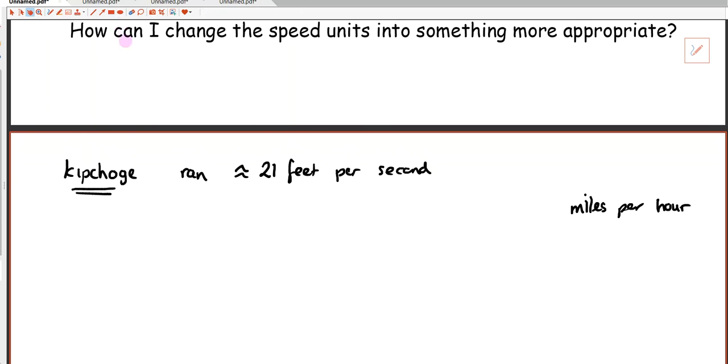Well, I tell you what, shall we write it as a ratio first? So what can we write? It's 21 feet in 1 second. So there's my ratio, but I want miles and hours.